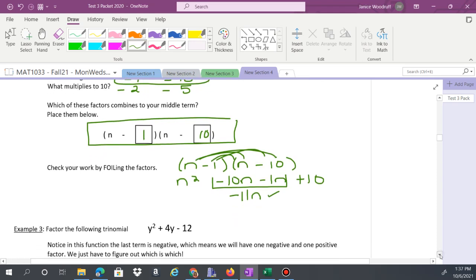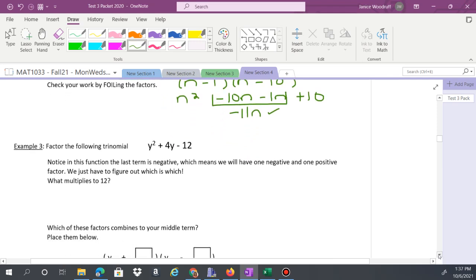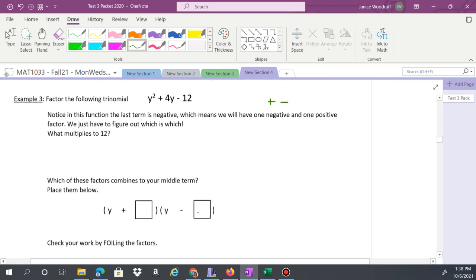Now this next one, we have y squared plus 4y minus 12. The last term's negative. The only things that multiply to a negative are a positive and a negative. So when we're looking at the factors, we want a difference for the middle term. I set up my factors, y plus and y minus, and then we do our factor tree for 12.